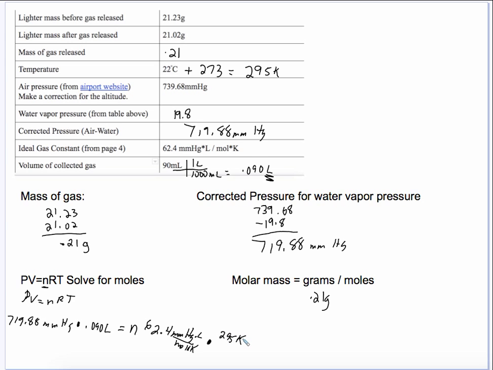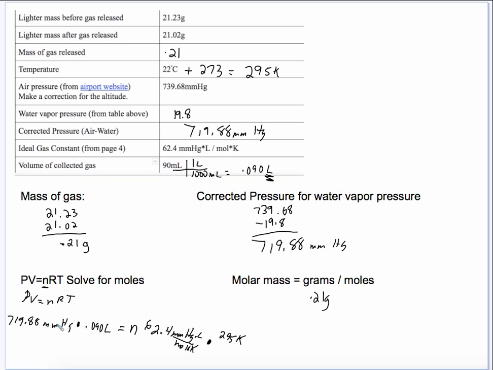Now we have to get n by itself, so we move the 62.4 and the 295 to the other side of the equation. On my calculator, I take 719.88 times 0.09, then divide by 62.4, and divide by 295.